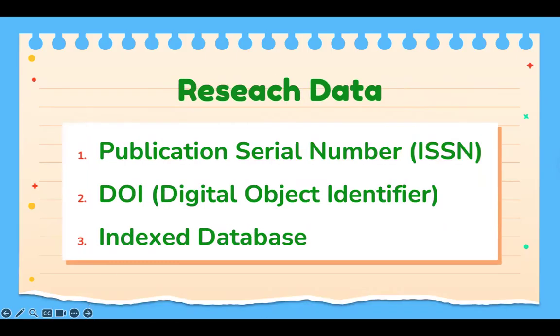Research data includes three important components. The first one is publication serial number or ISSN, that is International Standard Serial Number. It's an identity of the journal.